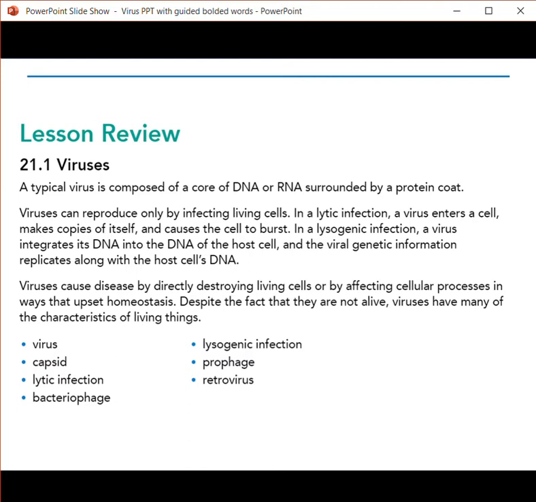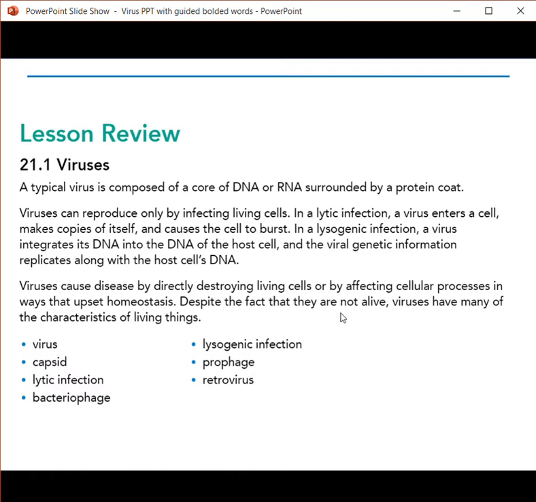Your next word, lysogenic infection. Your lysogenic infection, from the vocabulary given to you earlier on, was defined as a type of infection in which the virus embeds its DNA into the DNA of the host cell and is replicated along with the host cell's DNA. You can also see that right here. It says it a little bit differently with a different word. However, they both mean the exact same thing.